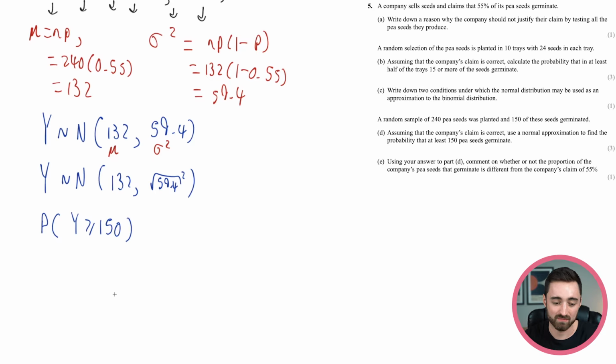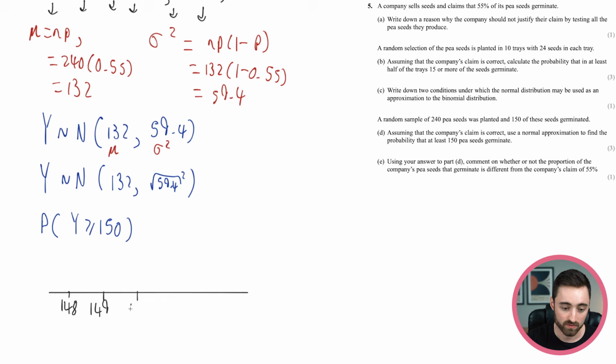So let's have a think. I'm going to draw a line for you. In terms of the discrete distribution, we know that it can only take on integer values. 148, 149, 150, 151, 152. This is a discrete distribution. So if this was a binomial, we would be like, okay, sweet, well, that's just going to be everything over here.